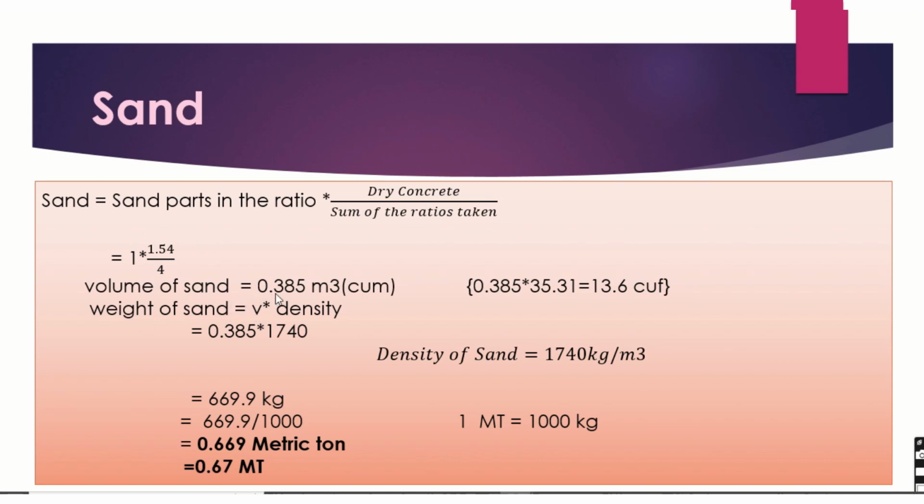Volume of sand is 0.385 meter cube. If this meter cube needs to be converted into cubic feet, because in some locations they require cubic feet, then we need to multiply this volume of sand in meter cube by 35.31 so that we get it in cubic feet.